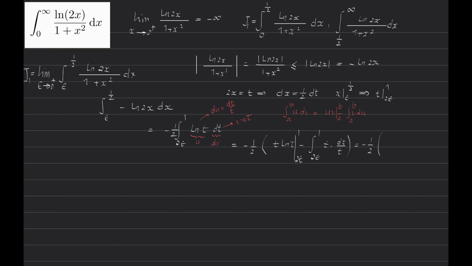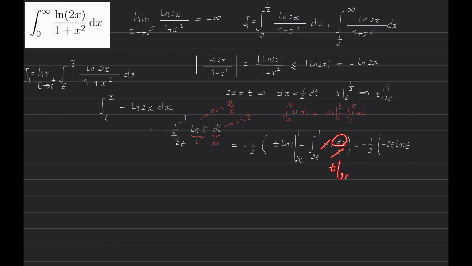And then if I replace t with 1, ln of 1 is 0, so it vanishes. Then I replace t with 2 epsilon, but I have a negative sign, so be careful: it becomes minus 2 epsilon ln of 2 epsilon. And then this t and that t cancel, and the integral of dt is simply t.